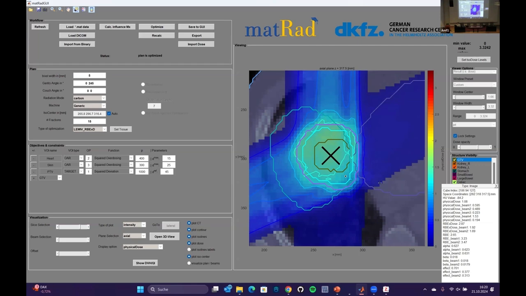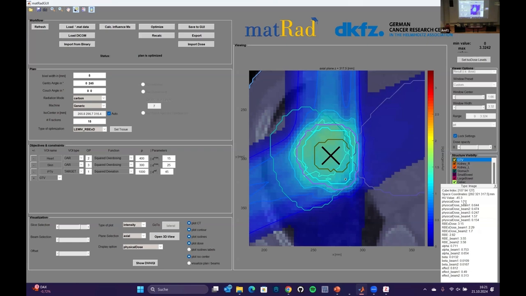Here it's also a little bit lower. Maybe we can check it out. So there's the RBE weighted dose. No, it's actually quite good. Here it's 3.1, so a little bit of overdosing. But the physical dose is really nearly 1/3 of that.